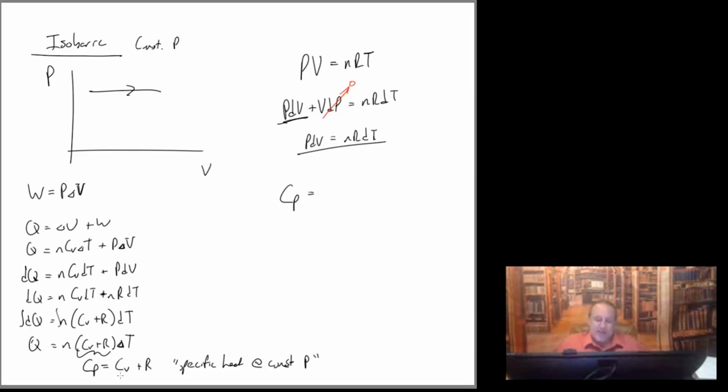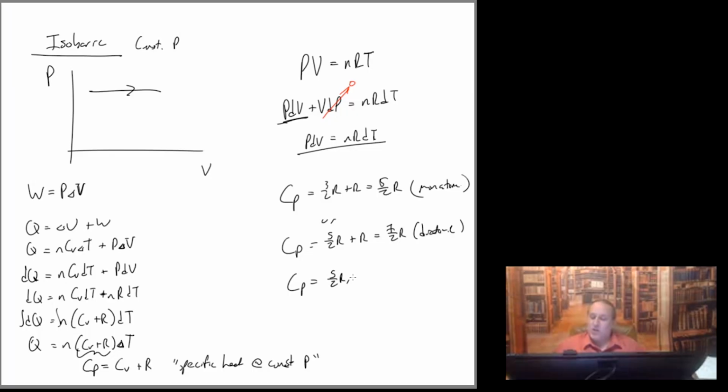So if we have a monatomic gas, CV is 3/2 R, plus R, which is 5/2 R. Or if it's diatomic, we're going to have 5/2 R plus R, which is 7/2 R. So we could say that CP equals either 5/2 R or 7/2 R.